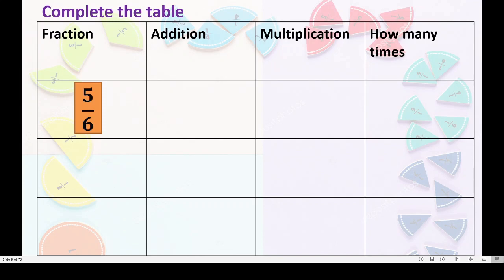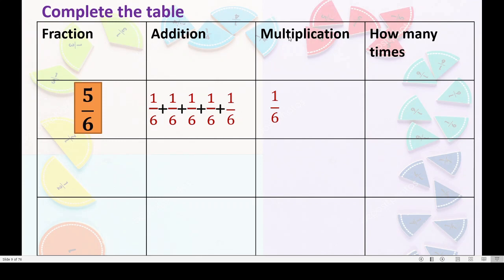Correct? 5 upon 6, denominator remains the same. So here we can write 1 upon 6 plus 1 upon 6 plus 1 upon 6 plus 1 upon 6, 4 times, fifth time plus. Here means 5 times we have added 1 upon 6, then we get 5 upon 6.